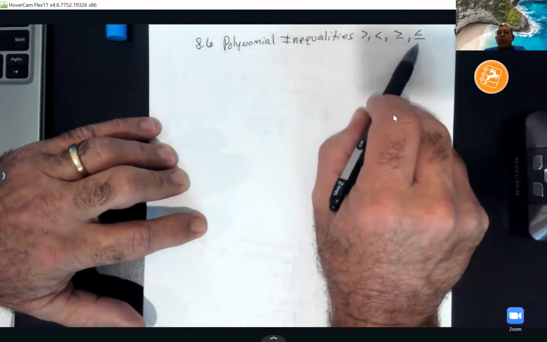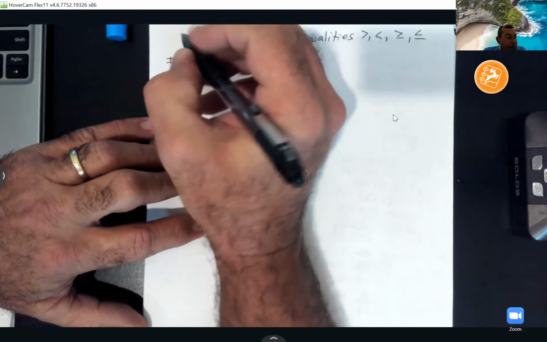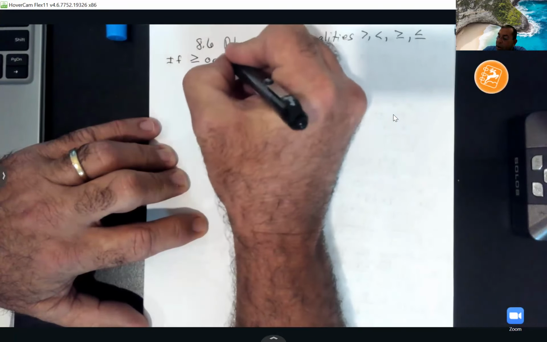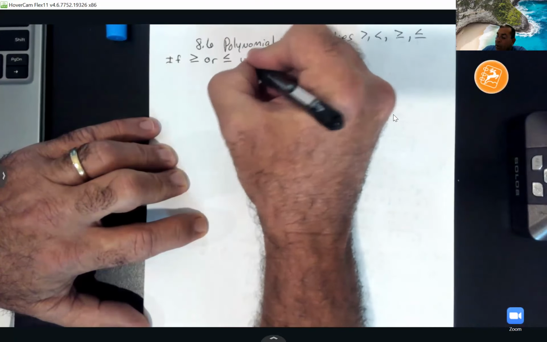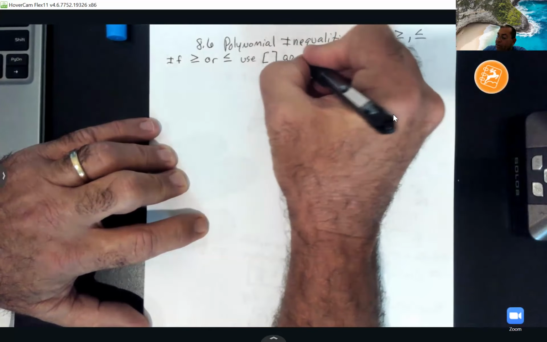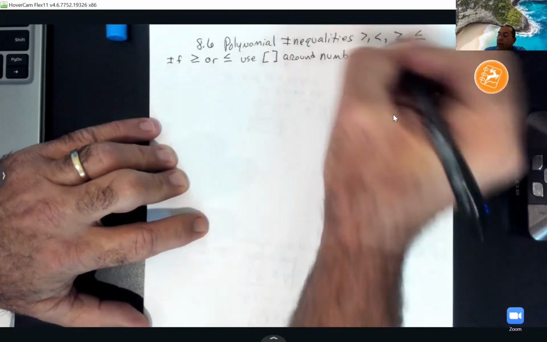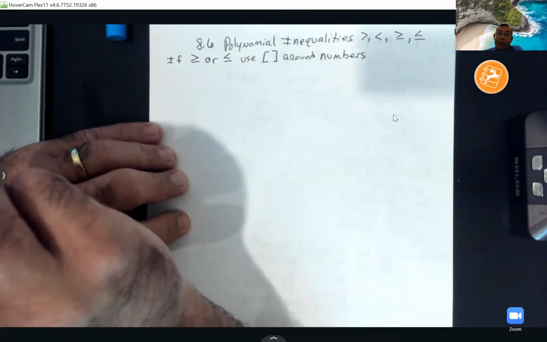If it's got equals under it, so if it is greater than or equals or less than or equals, we're going to use brackets around our numbers. Because infinity, remember, always uses parentheses no matter what.